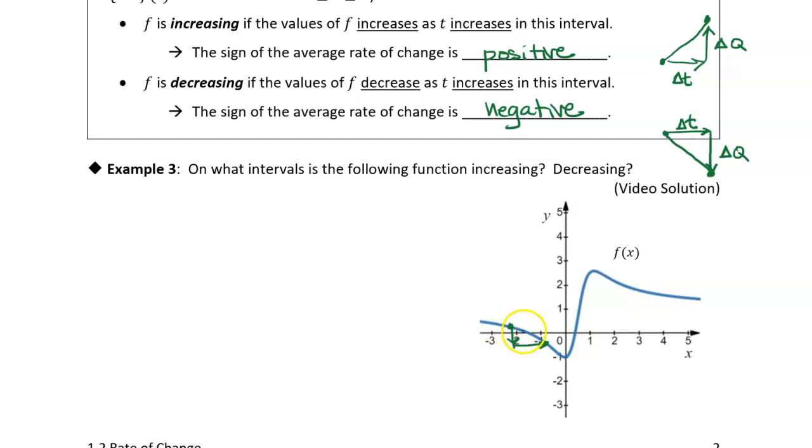So I'm going to get a negative slope for x less than 0. But now if I'm greater than 0, then you can see on this portion of the graph, as time goes forward, the value of the function increases.